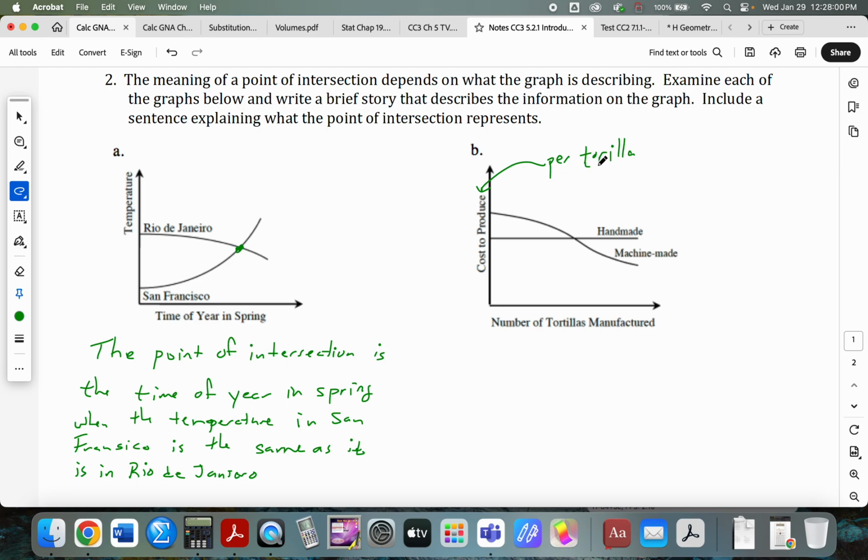Please add that on. It's the cost to produce per tortilla. If that's not in there, then they're saying you can make as many handmade tortillas as you want and it doesn't cost you any more if you make more. Right? That doesn't make any sense.